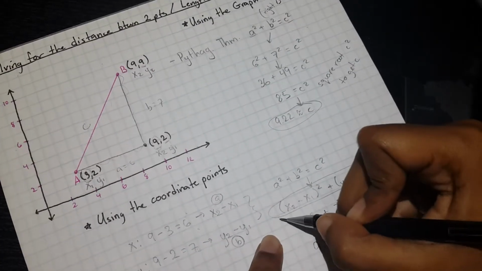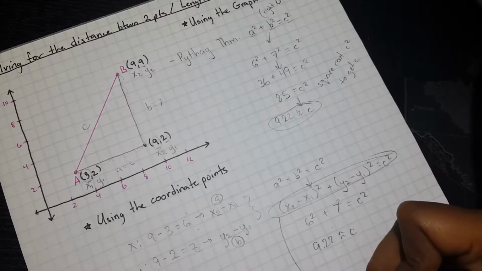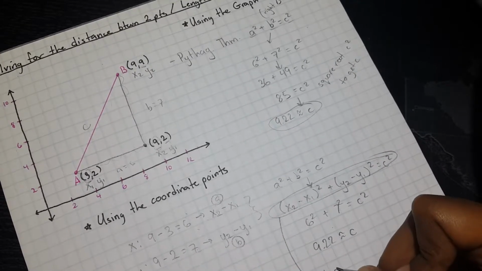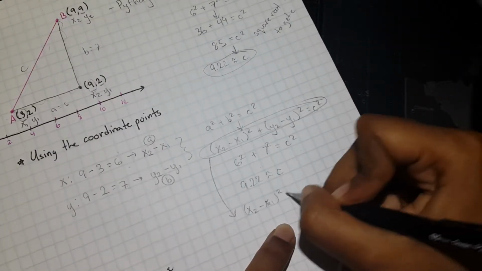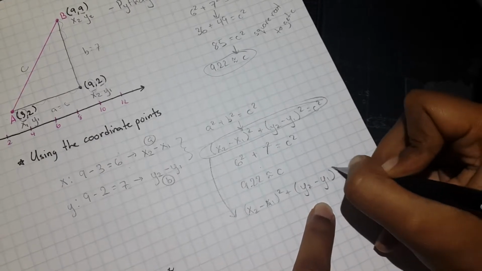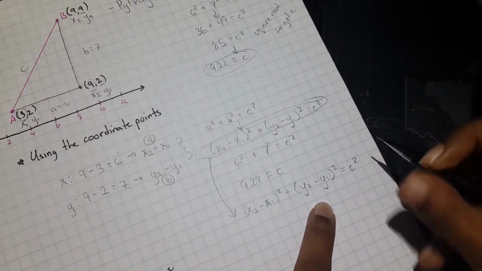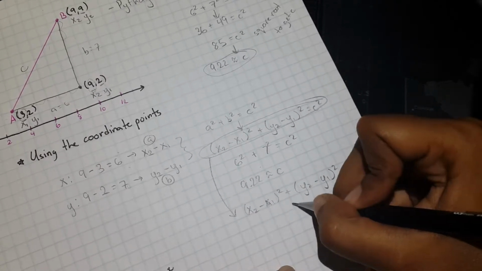Now, when you search up the distance formula online, you won't see this version, you'll see this version. So I'm going to rewrite it down here. And then, instead of having c squared, I'm going to take the square root of both sides because I just want c by itself.